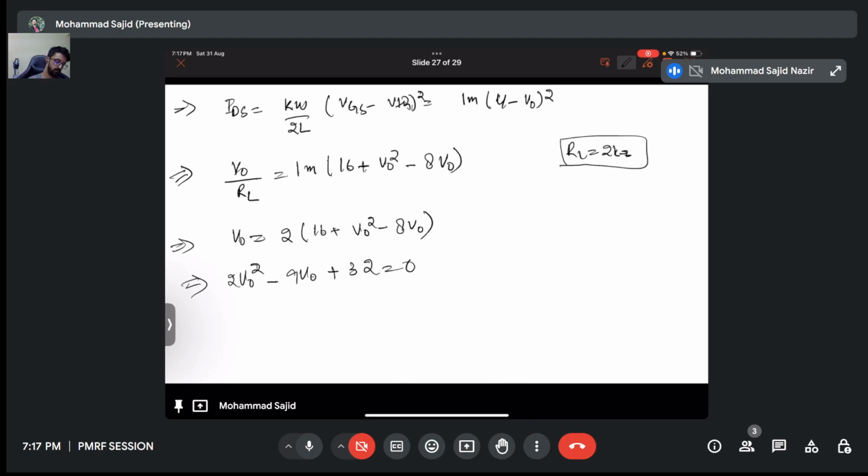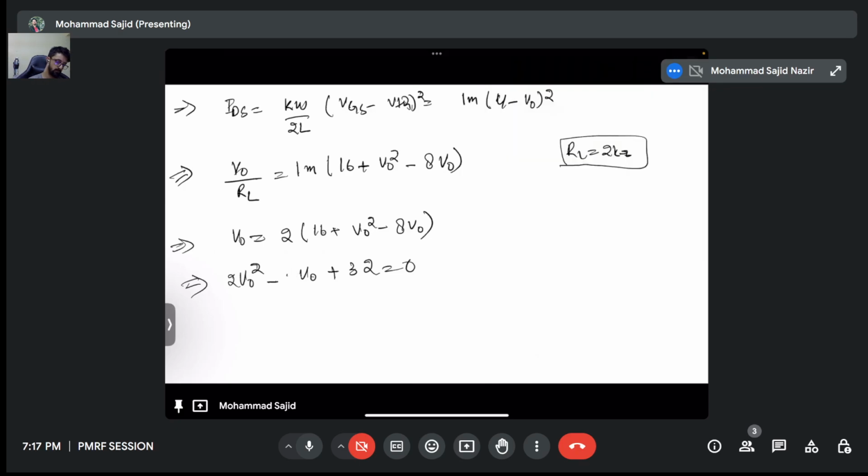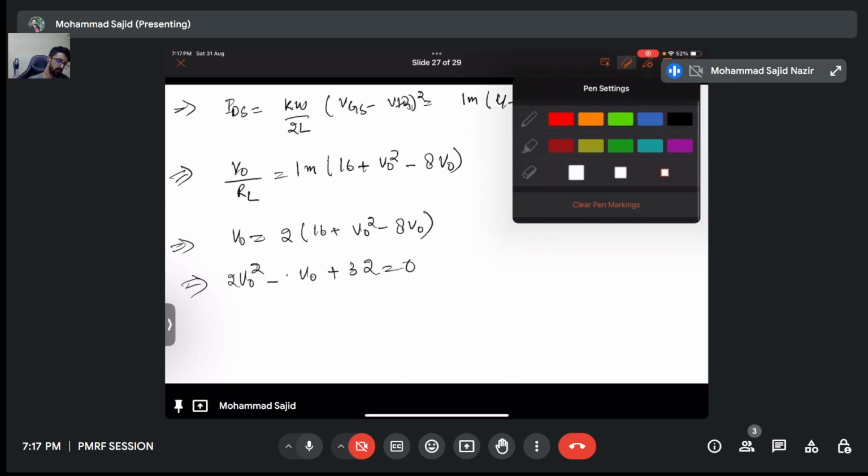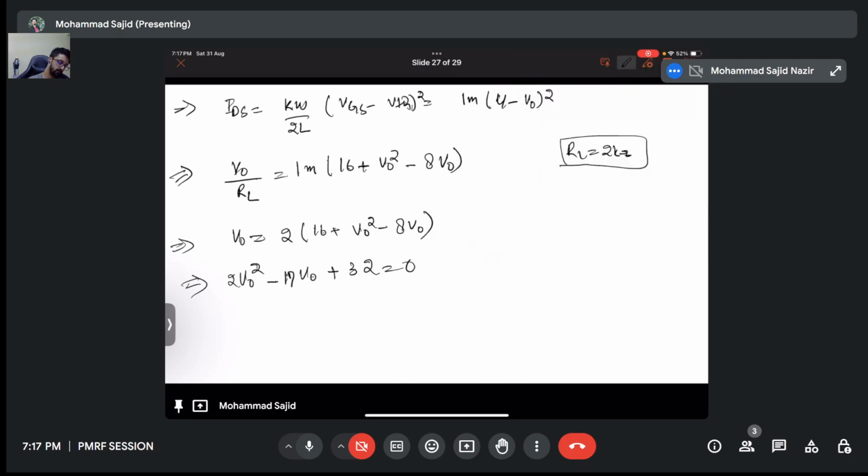So this is the quadratic equation. To solve this, you will get two answers: 5.7 volt and 2.81 volt. Now, which one to choose?